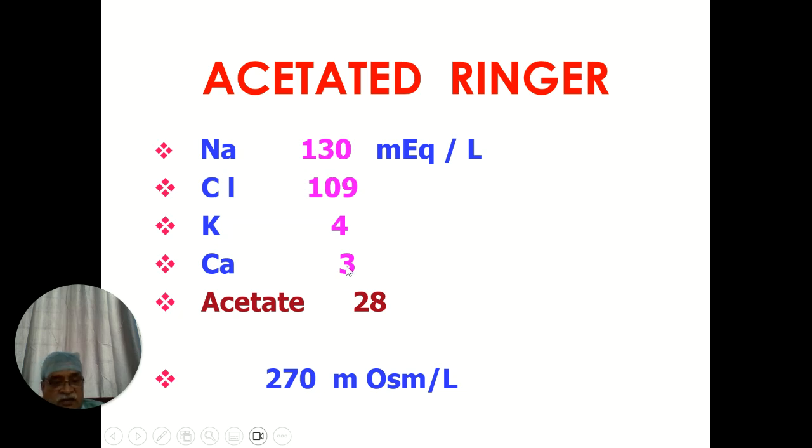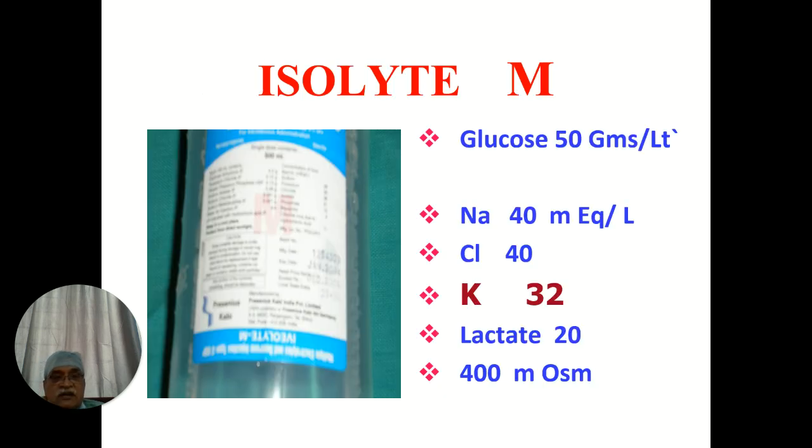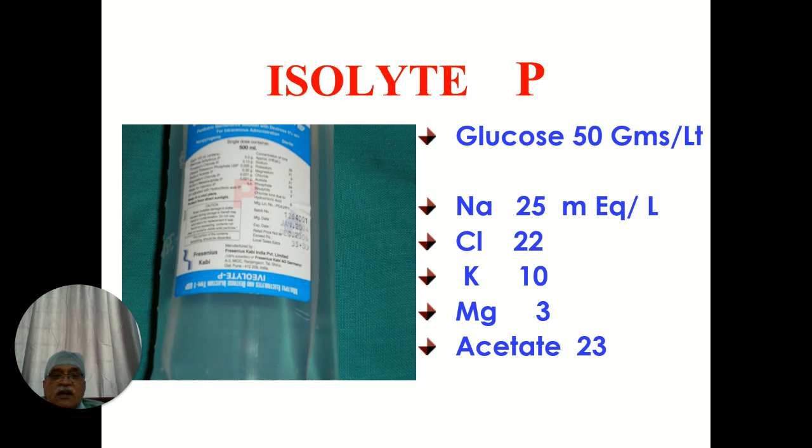There is one special solution available for children known as Isolyte P. Isolyte M is the adult maintenance fluid. It is low sodium, low chloride, but contains high potassium along with lactate.